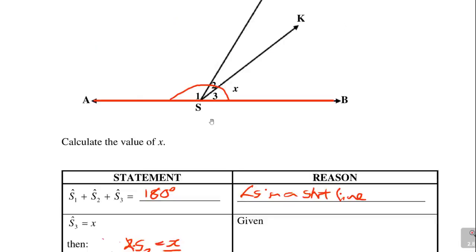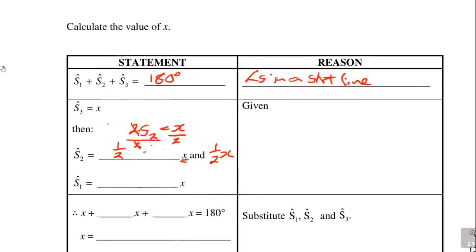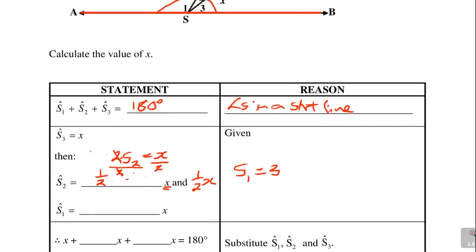Now what about S1? They told us S1 is 3S2. So if you are to work it out, S1 is equal to 3S2. But you know what is S2? S2 is bracket 1 over 2X, or X over 2.